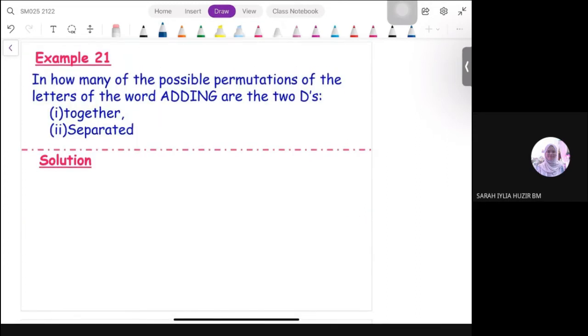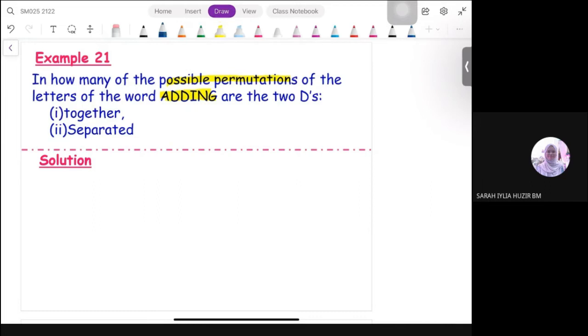Next one, example 21. In how many of the possible permutations of the letters in ADDING are the 2 Ds together for the first case, and separated for the second case? Together and separated cases, we already learned before, but now this happens for a repeated item, a repeated letter.